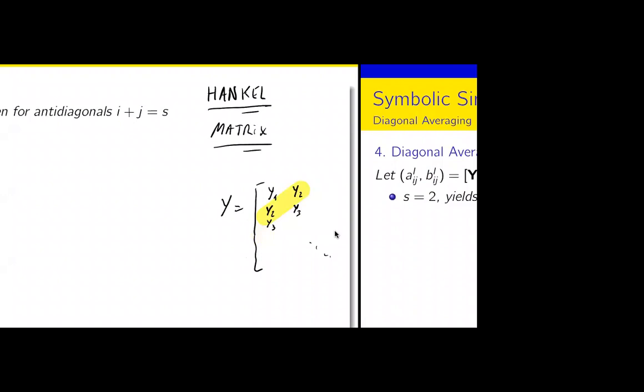You have y2 here, you have y3 there, you have y4 there, etc. So this is an example of a Hankel matrix, okay? And this is what we want to do now, because we would like to go back into a Hankel matrix, so to get back into a time series, we want to learn about the time series in the end.